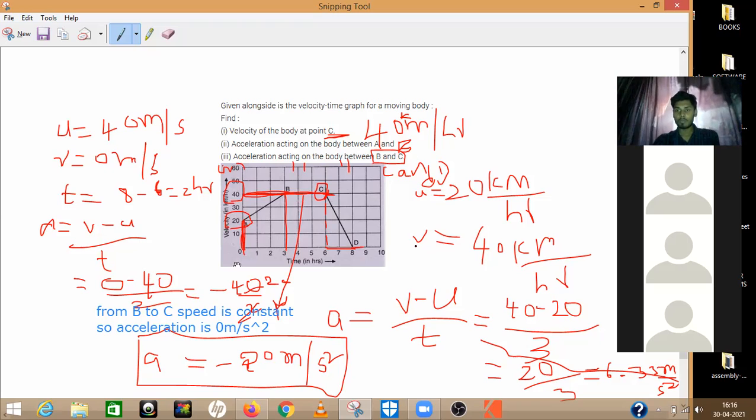Completed, Pradosh? Mahalakshmi? Yes, sir. I'm drawing the graph, sir. Draw. Slowly draw. Take your time and draw. No issues.